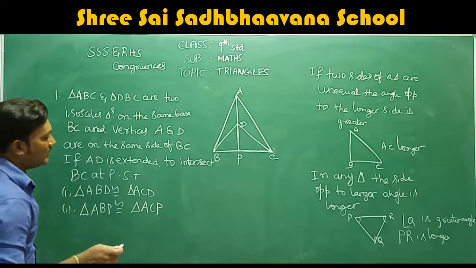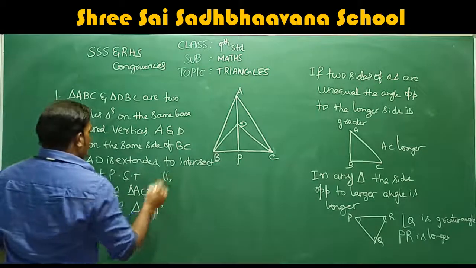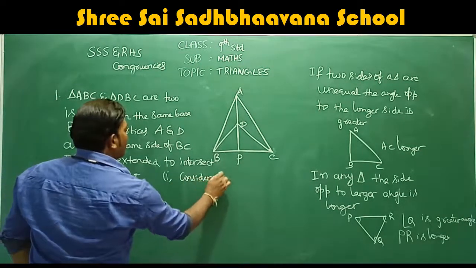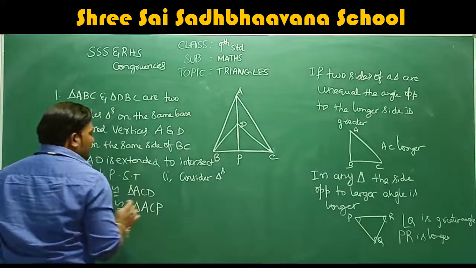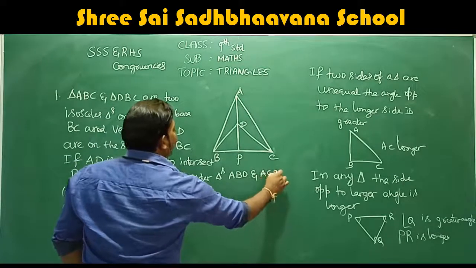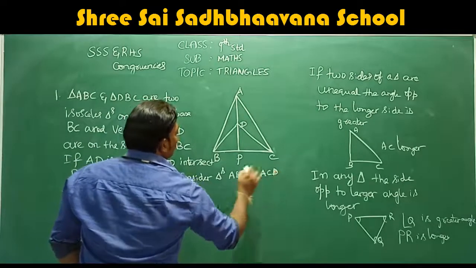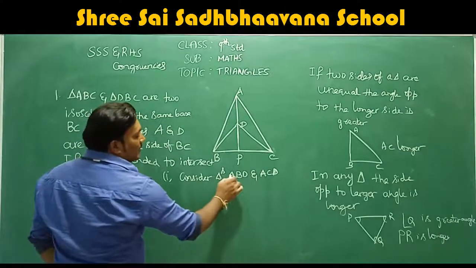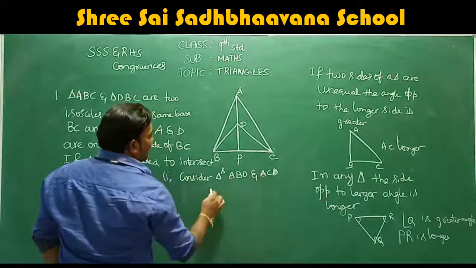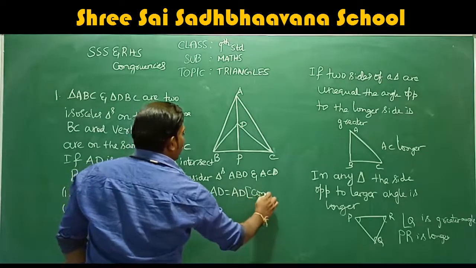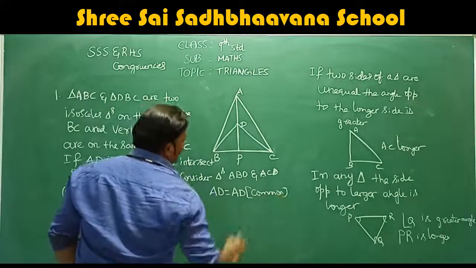So how to prove? First one, we have to consider triangles ABD and ACD. In the triangles ABD and ACD, one thing you observe, the common side is AD. Can I write AD is equal to AD? Because it is a common side. Correct?